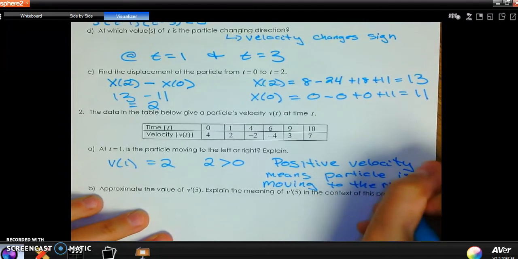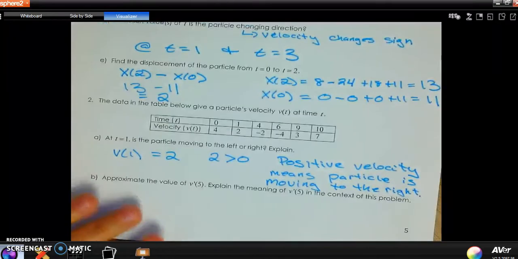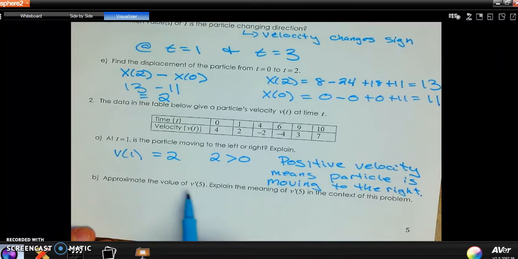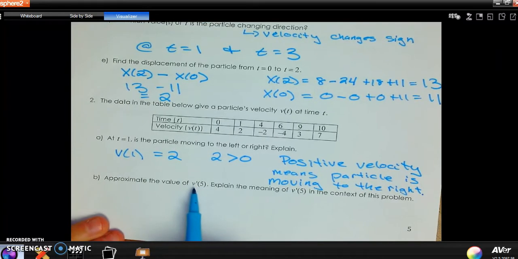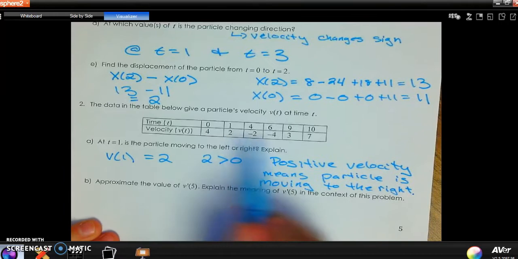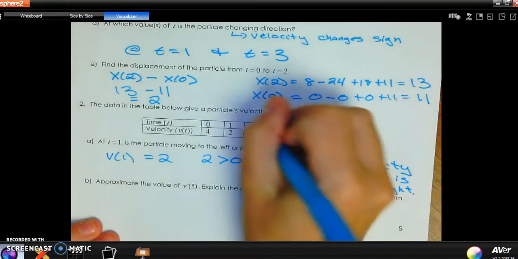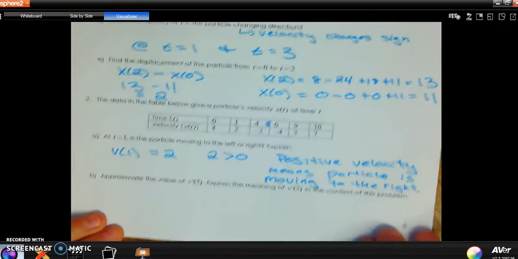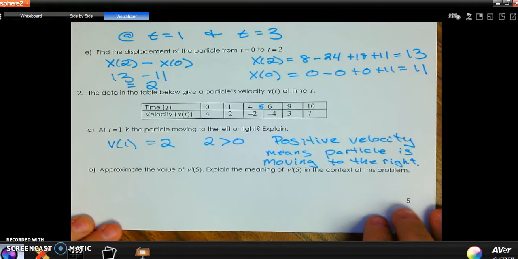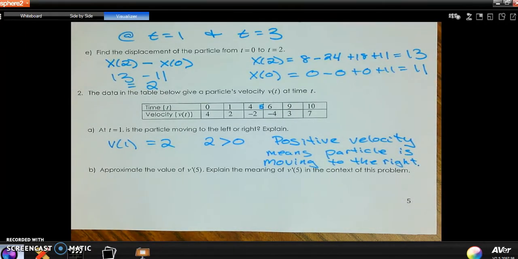Okay, and then on to the next one. So we're approximating the derivative of velocity at time 5. Notice that time 5 is not even on there, but 5 would occur right there. And it's asking me to approximate the derivative of velocity.